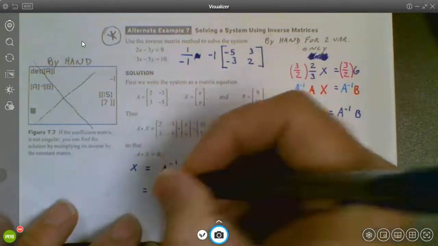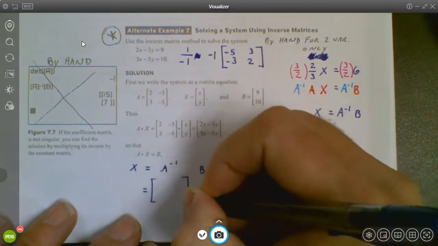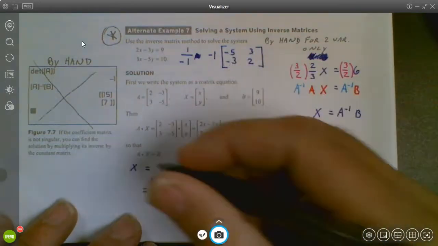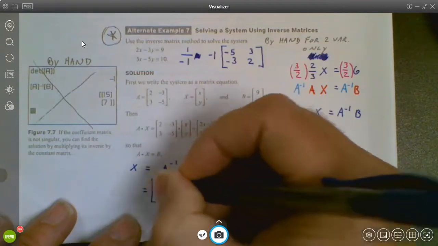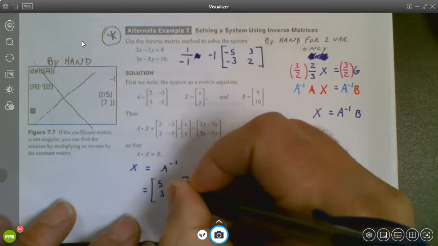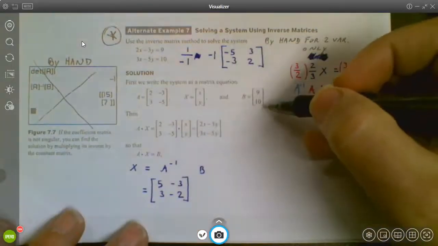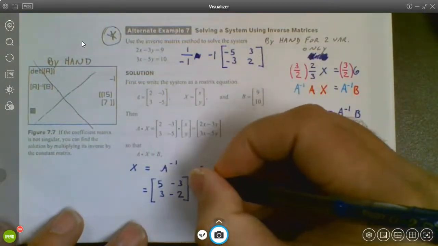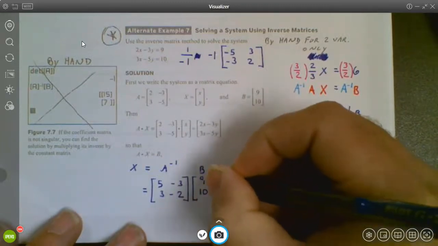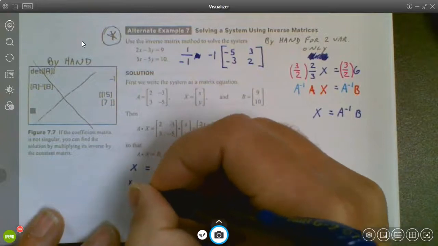So we now know that my inverse is going to be 5, -3, 3, -2. So there's our inverse. Matrix B is the 9 and the 10. And X, we already know, is made up of an X and a Y.